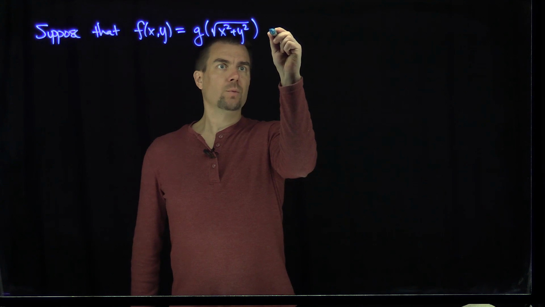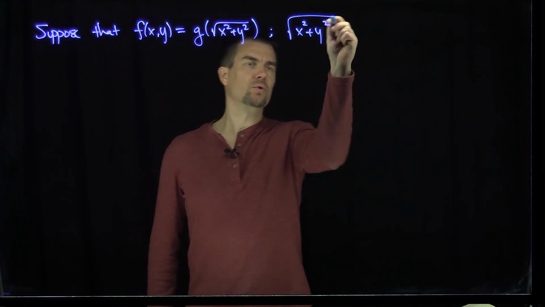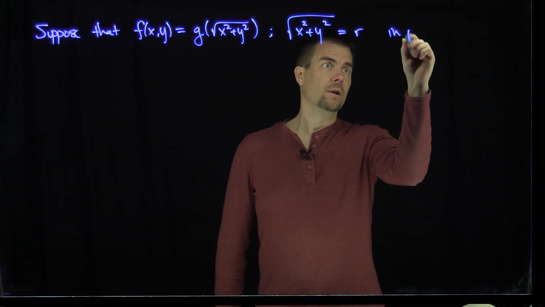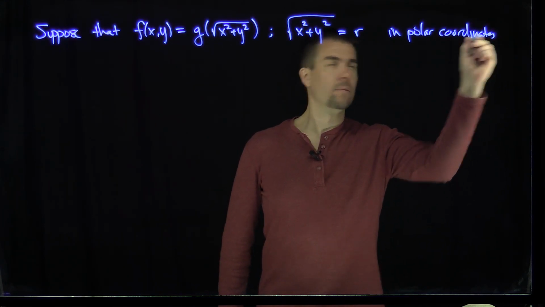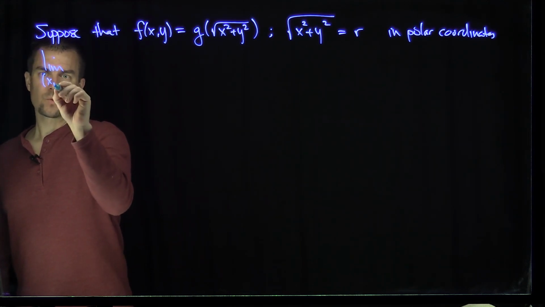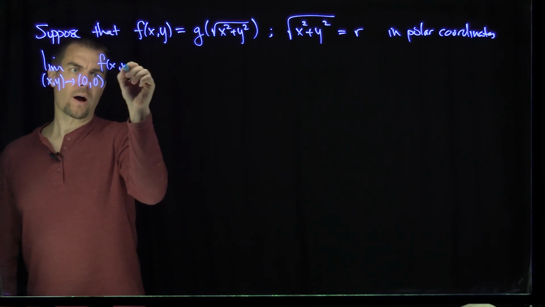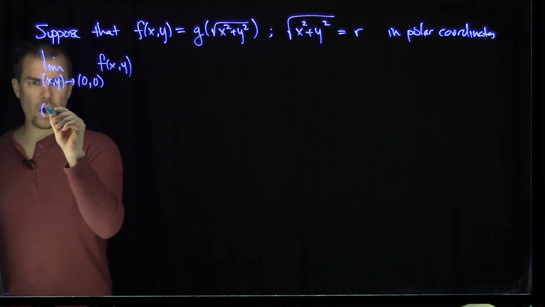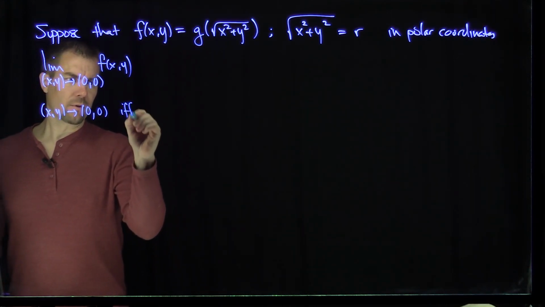Now this square root of x squared plus y squared is exactly just r, the polar variable in polar coordinates. So if we're computing the limit as (x, y) goes to (0, 0) of f of x, y, let's think about this for a second. (x, y) converges to (0, 0) if and only if what?